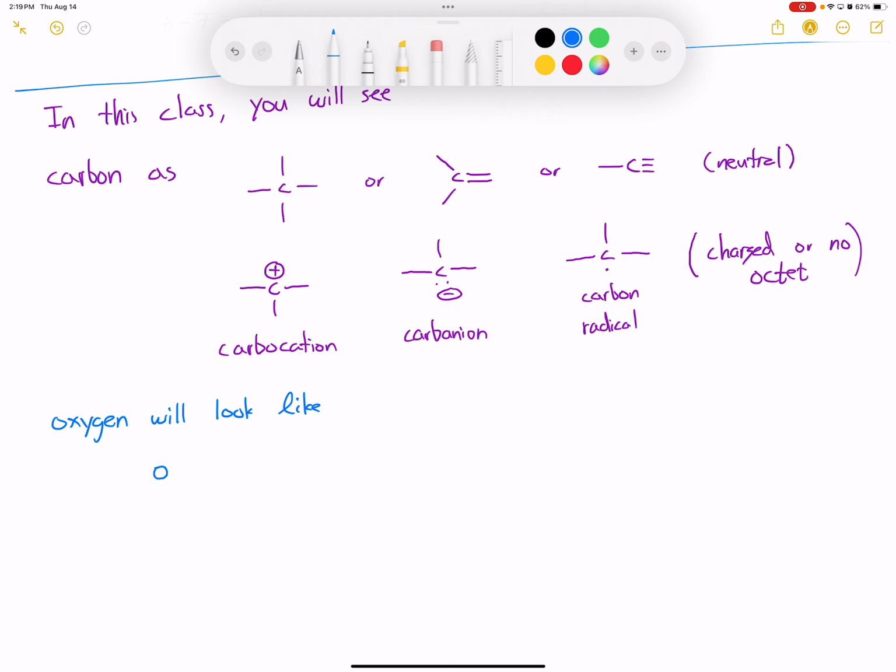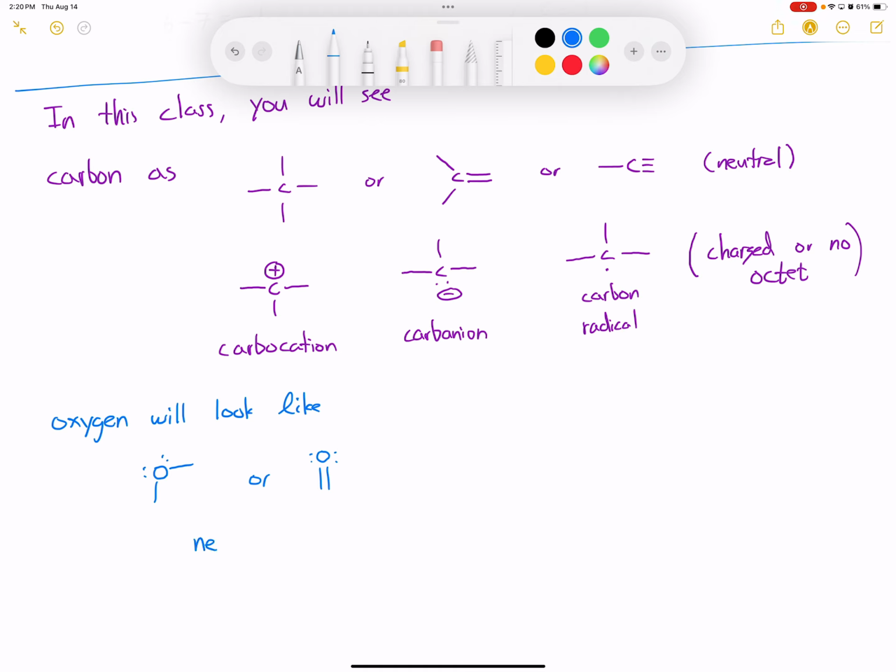All right, either oxygen has 2 bonds to something, usually carbon, or a common form of oxygen is in the form of this form. That's called a carbonyl group. Okay, very important functional group.